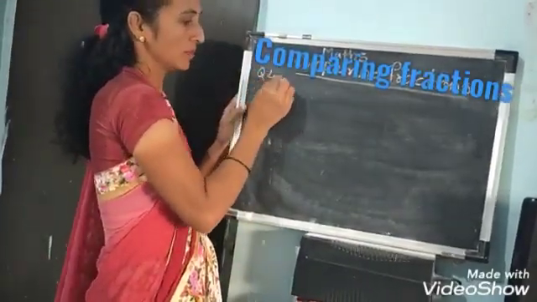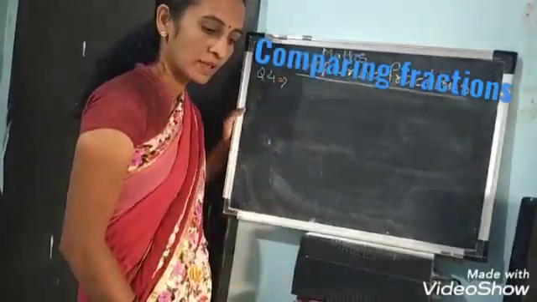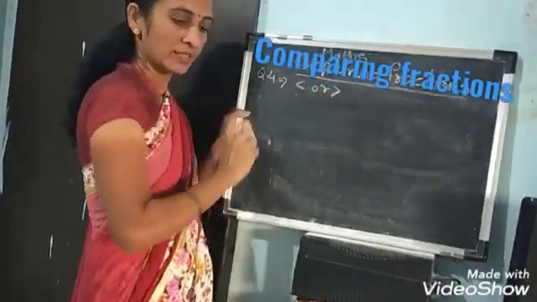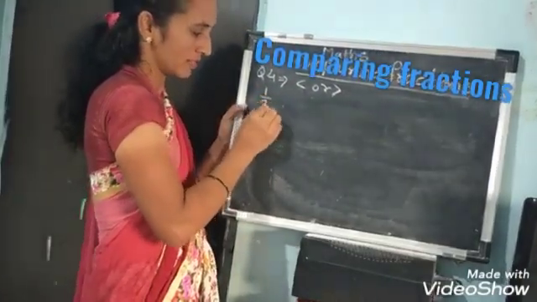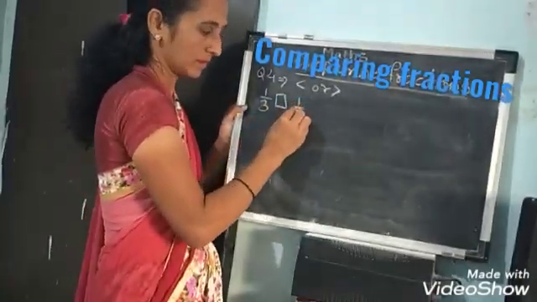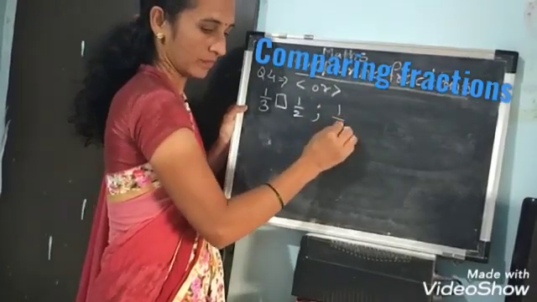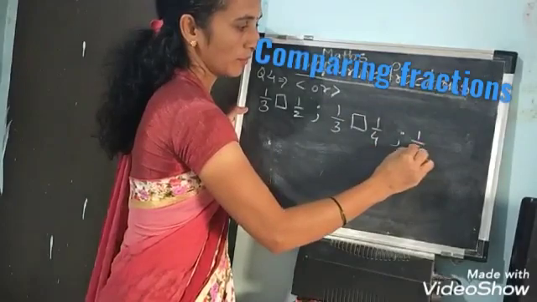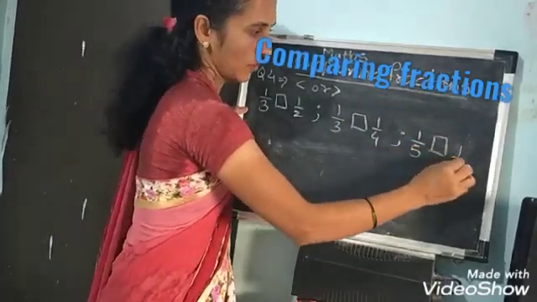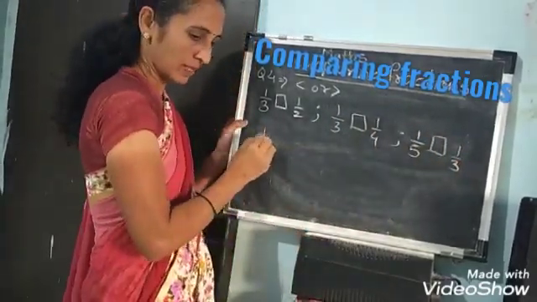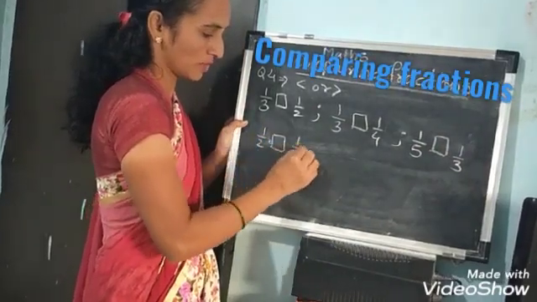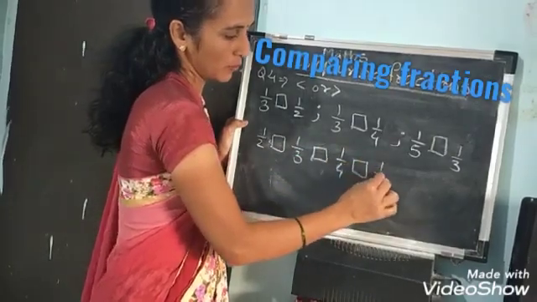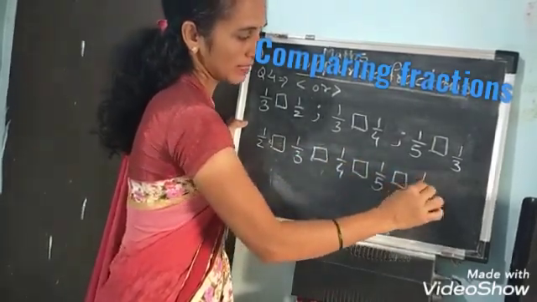Question number 4. Write this or this symbol. You have to use these two symbols in the boxes. 1 upon 5, 1 upon 3, 1 upon 2, box, 1 upon 3, box, 1 upon 4, 1 upon 5 and 1 upon 6.